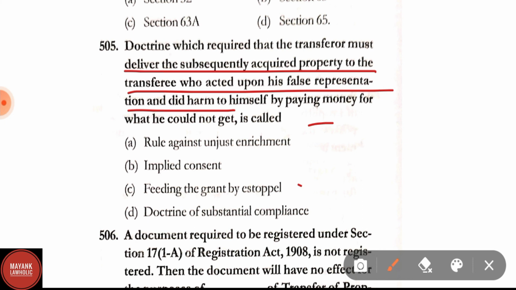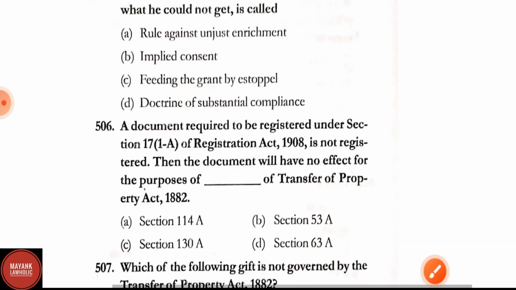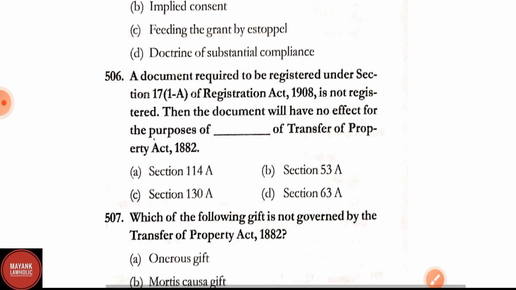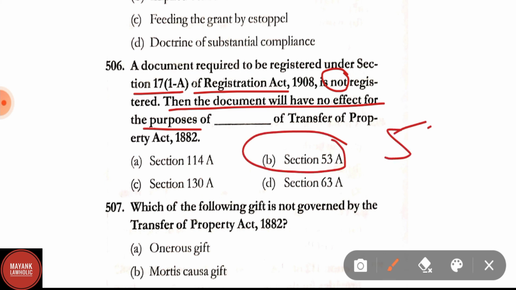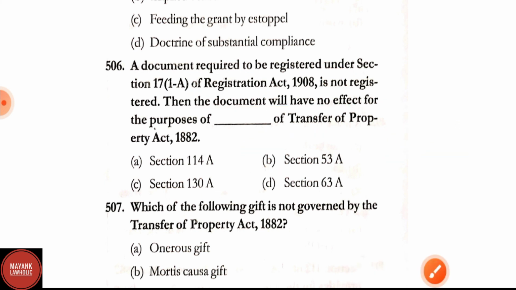Correct answer is option C, that is feeding the grant by estoppel. Question number 506. A document required to be registered under section 17 clause 1 to A of Registration Act 1908 is not registered, then the documents will have no effect for the purpose of dash of Transfer Property Act 1882. Here correct answer is option B, that is section 53A.